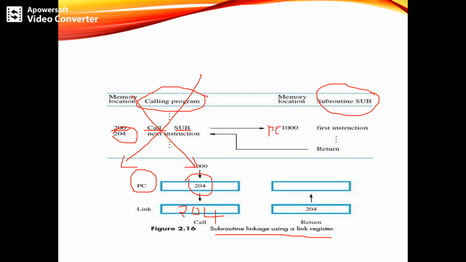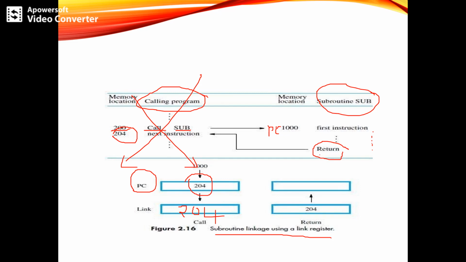Now that the content of PC has been copied into the link register, PC is loaded with the address of the first instruction of the subroutine, which is 1000. The PC points to the first instruction of the subroutine, and instruction execution takes place in the subroutine part. After executing the subroutine, we have to return to the main program.